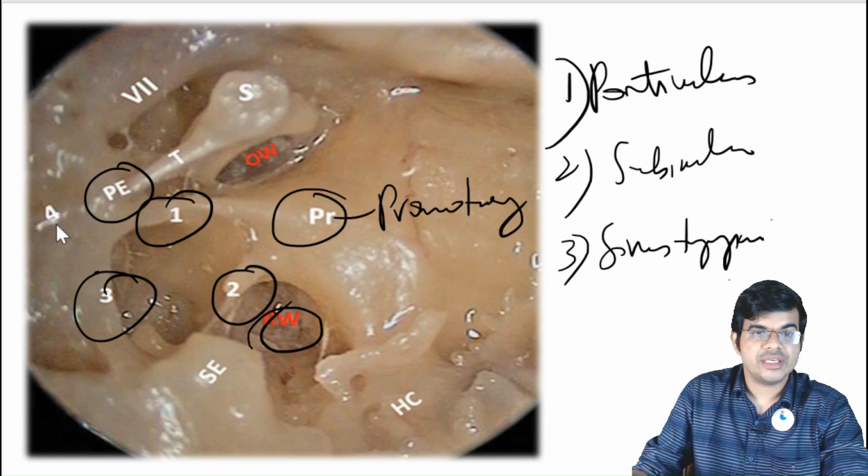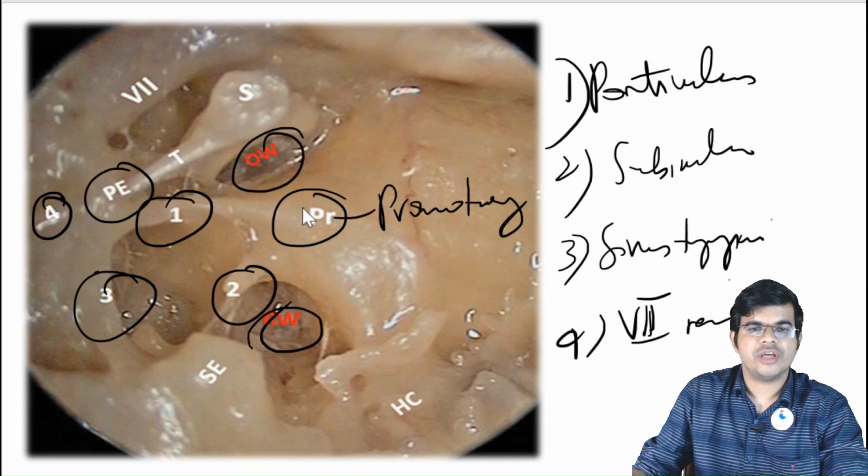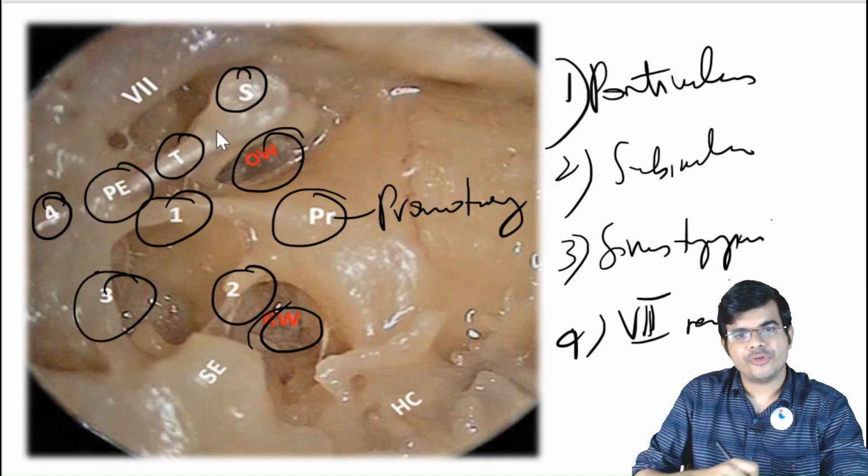And here you can see how the facial nerve is extending downwards like this, the vertical part of the facial nerve. And this is the oval window, and here you have the round window. This is the stapes, head of stapes. This is the stapedius tendon going to attach to the head of the stapes.